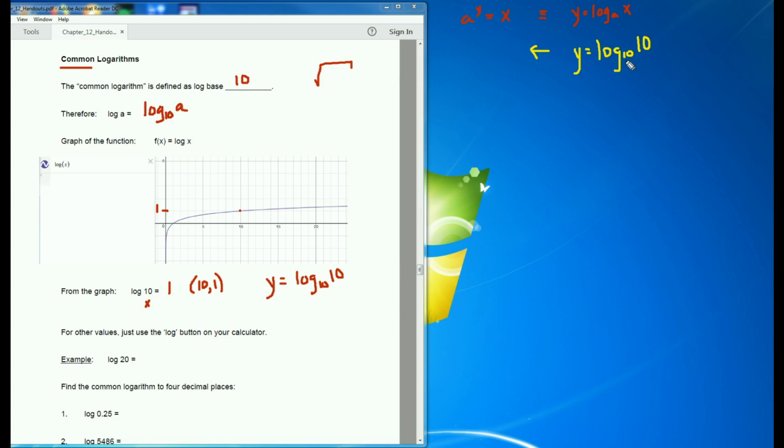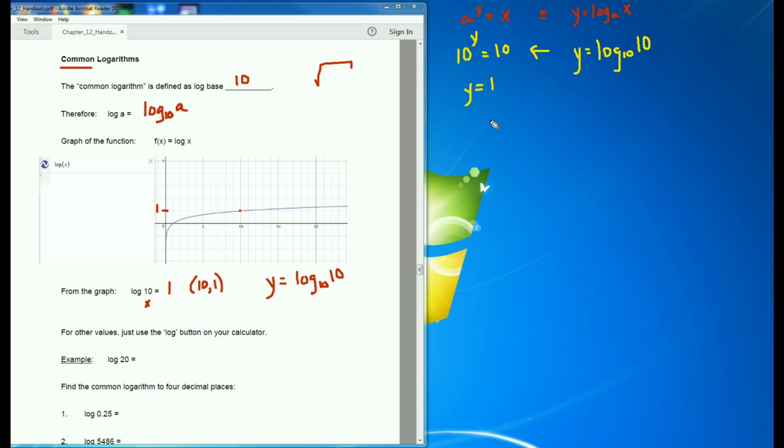The base of the log is 10, so that's the base of the exponent. y is just y, so we're saying 10 to the y equals 10. Well, obviously then, y equals 1, because 10 to the 1 equals 10.